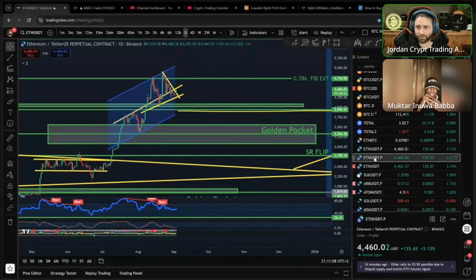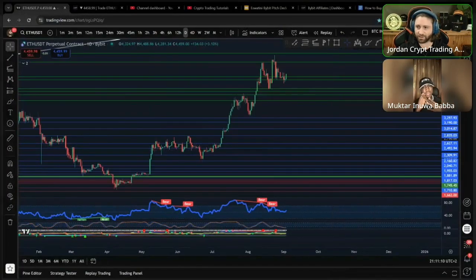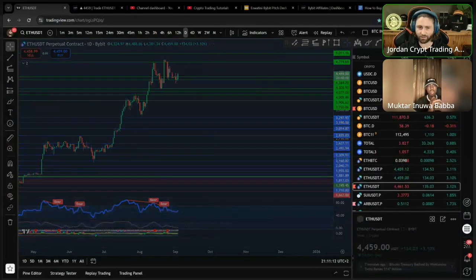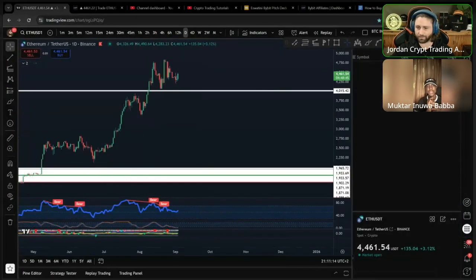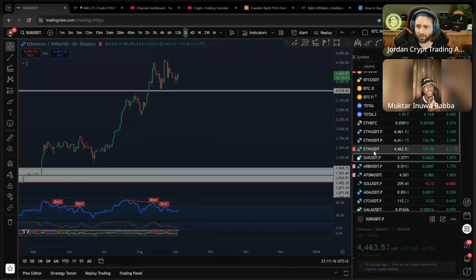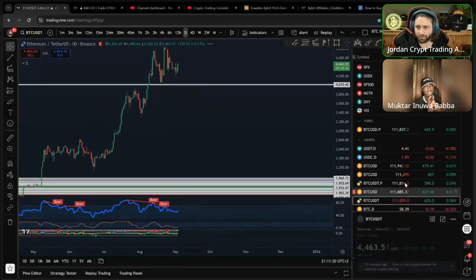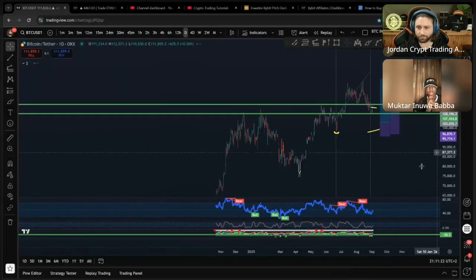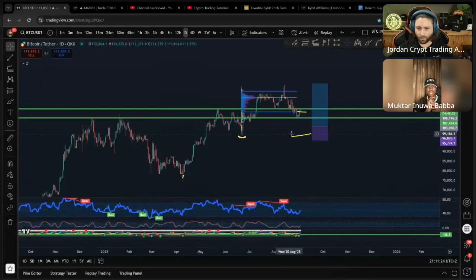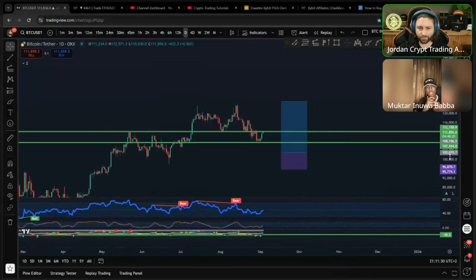All right, so I think what I can do is just head to a bit of a cleaner chart on Ethereum. You know what? It's actually probably good that we have a little bit of a look at Bitcoin. All right, so let's clean this up, and I'm going to show you a couple of indicators that I use.